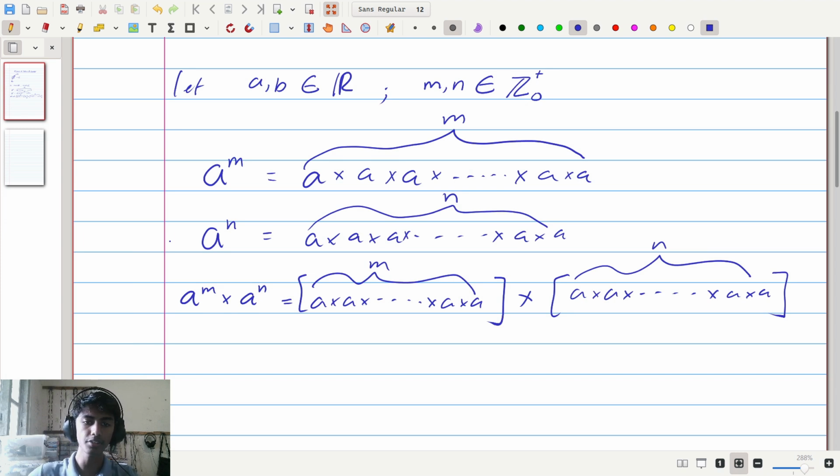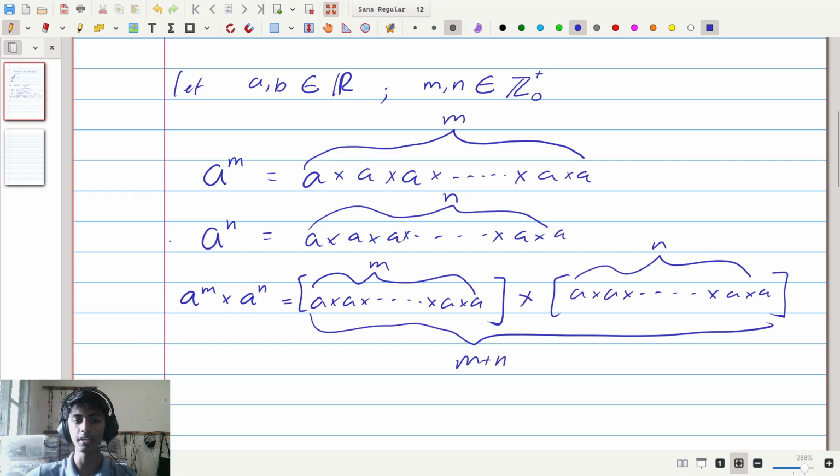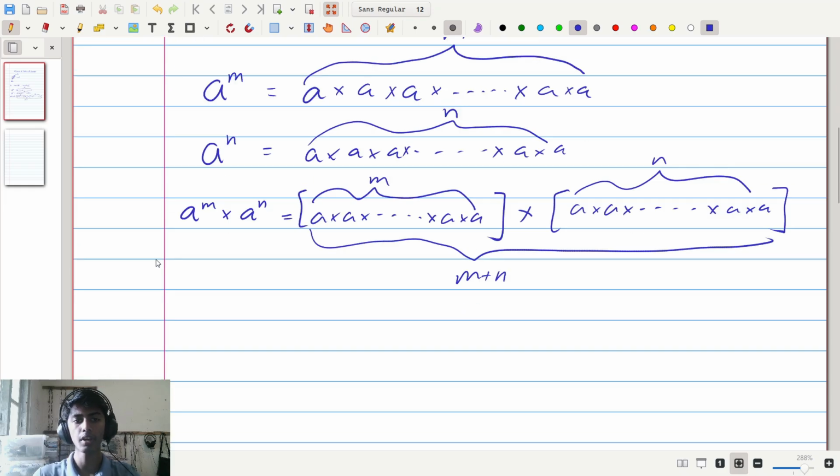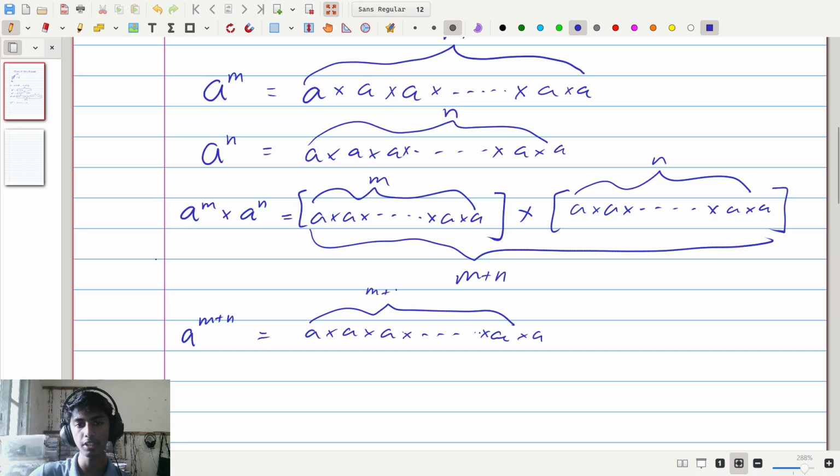In total, there are m plus n a's in here. Now consider what a to the m plus n means. It is just multiplying a by dot dot dot by a, in total m plus n times.